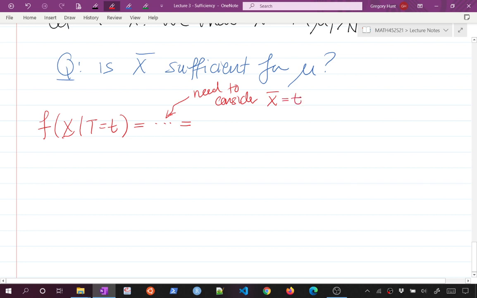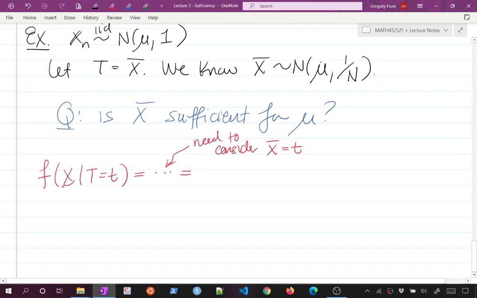That is the whole thing about the indicator function above. Technically t could be different than the x bar that's calculated from little x, but that's a dumb scenario to consider. We only need to consider the situations where, if I average these x's, they give me t, because if that isn't true, the probability of that occurring is 0. Given that the mean of them is t, what's the probability I get some x where the mean isn't t? 0.